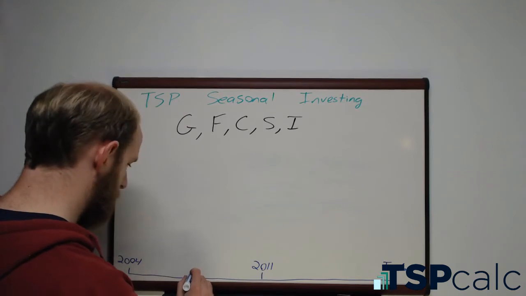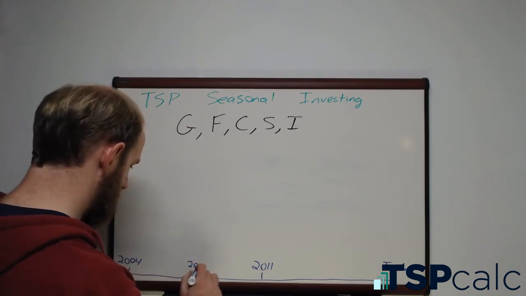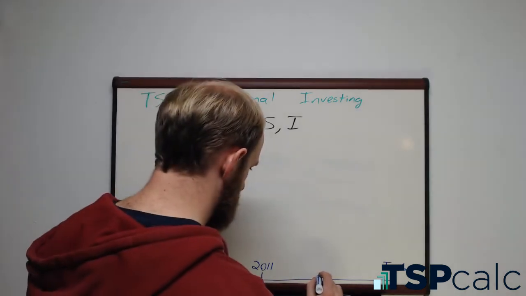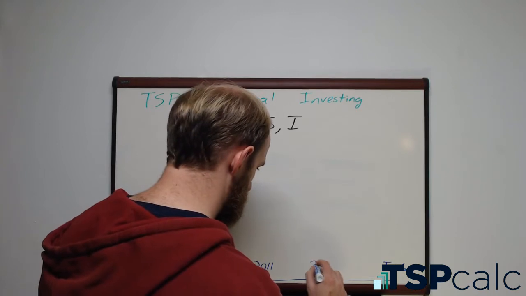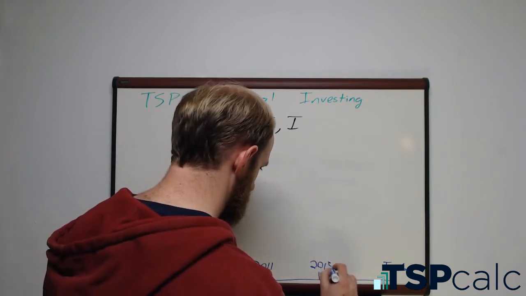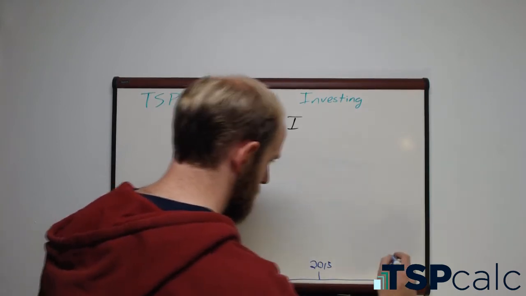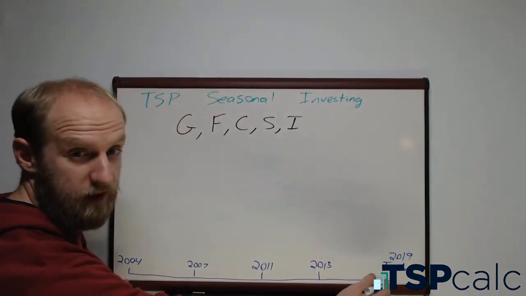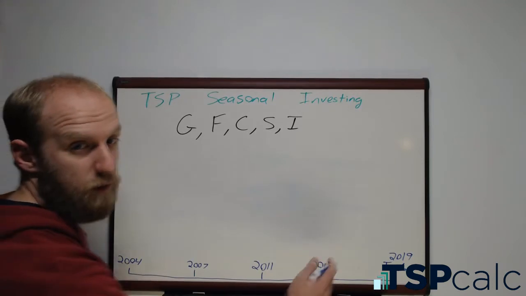And then over here somewhere we have about 2007. This is not going to be to scale. It's a rough approximation. We'll call this 2015, and today is 2019, right? So this is the data that TSP Calc has available, 2004 to present.